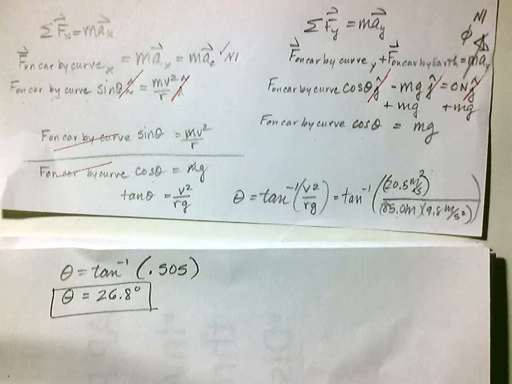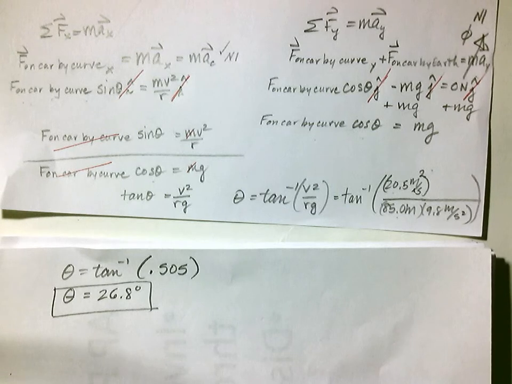Think about this problem when you try to answer that question. Because here we have a speed of 20.5 meters per second to give us an angle of 26.8 degrees in order to have no friction, no static friction necessary. That means no sliding or skidding. So think about that when we think about how fast the speed limit is going around the curve.